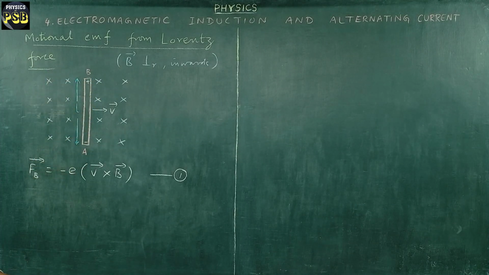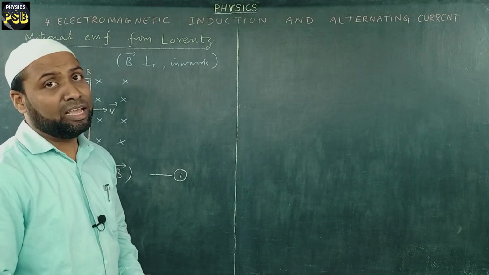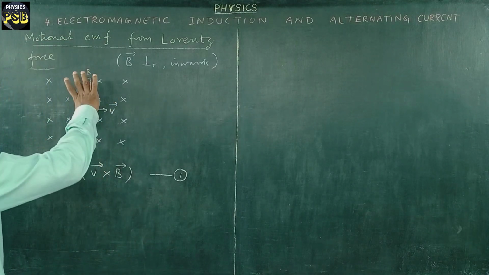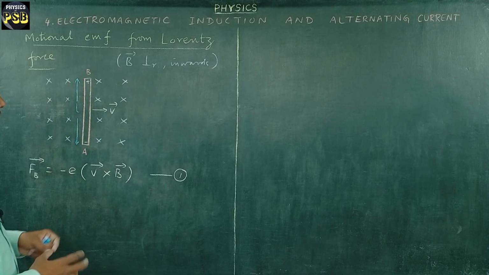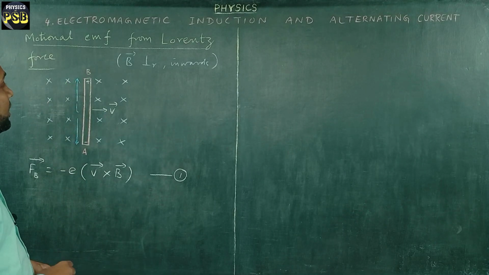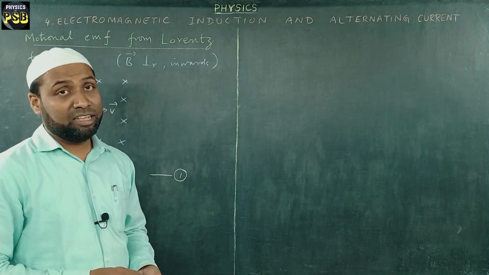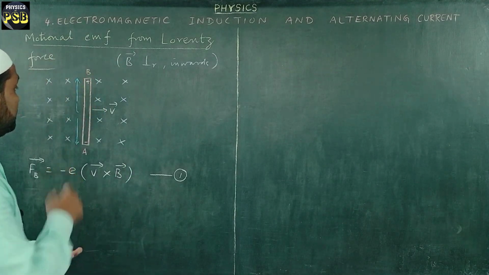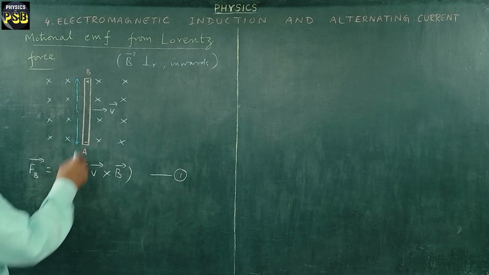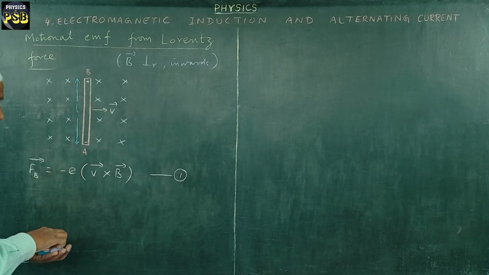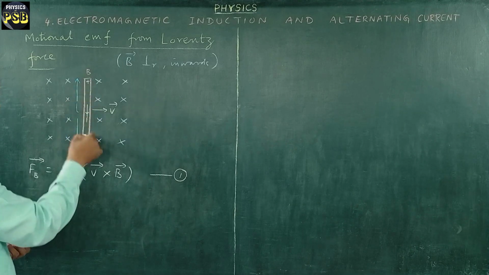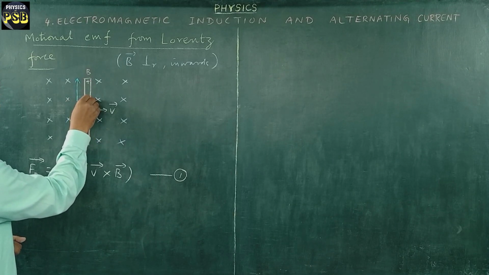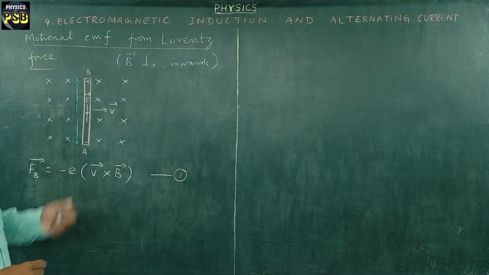Because of this, a potential difference is created in the rod. Due to this potential difference, an electric field is produced in it, which acts in the downward direction, from B to E. This is the direction of the electric field in the rod.